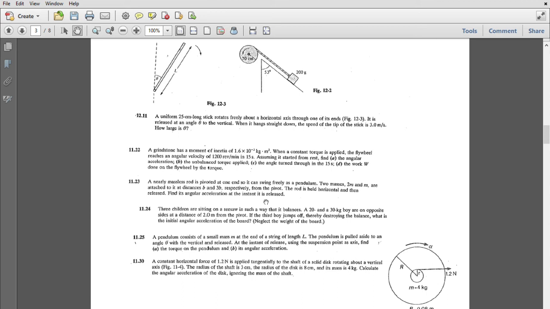So we have 2m and m at positions b and 3b. So if we want to find the x-coordinate of the center of mass when it's horizontal, I would calculate 2m times b plus m times 3b, all of that divided by the total mass, 3m, and figure out what fraction of b the center of mass is.